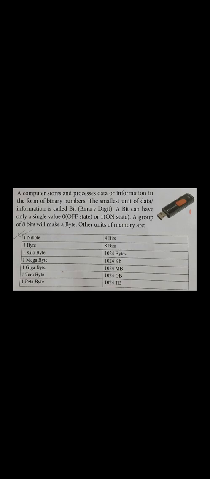Next, if we have 8 bits of data, combined, we can say it is 1 byte. So 1 byte means 8 bits of data, and 1 nibble means 4 bits of data.